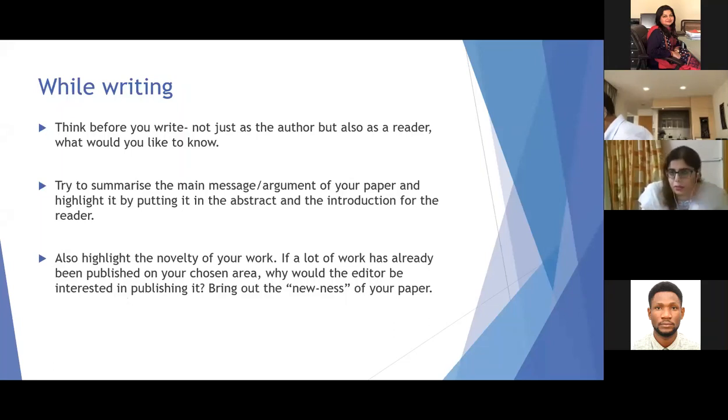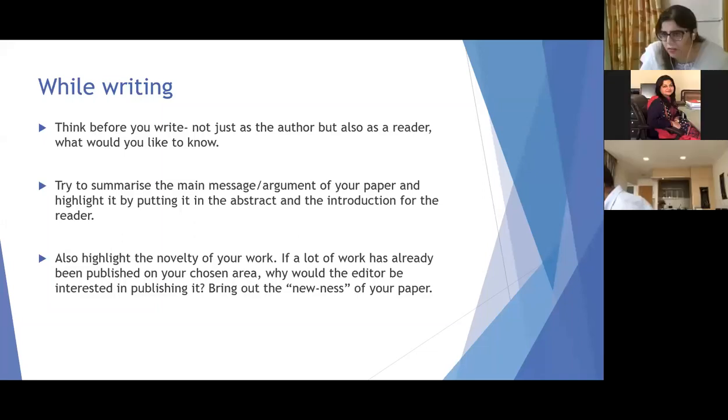One thing that you could do for the readers is try to summarize the main message or the main argument of your paper and highlight it by putting it in the abstract and the introduction. We as researchers and writers are very clear about our research because we have conducted it and gone through all the steps, but the reader is not that well aware of it.